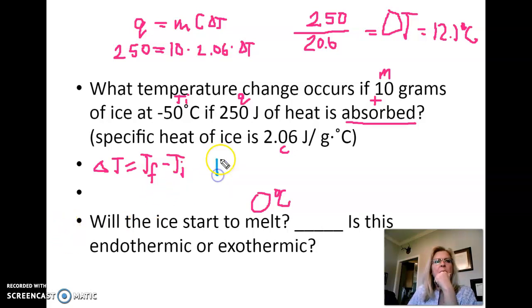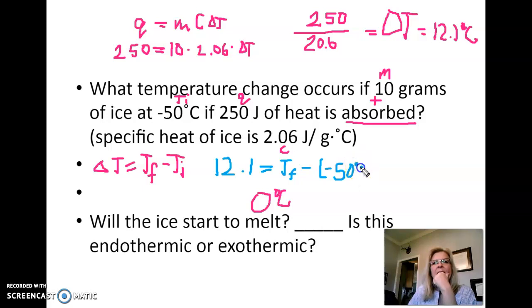I have 12.1 for my overall temperature change. I have the final temperature that I want to know, T final, minus the initial temperature, which was negative 50 degrees Celsius.